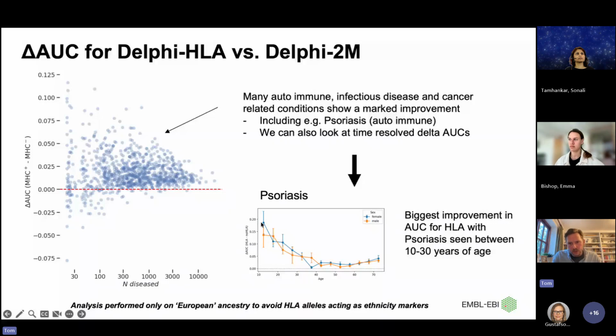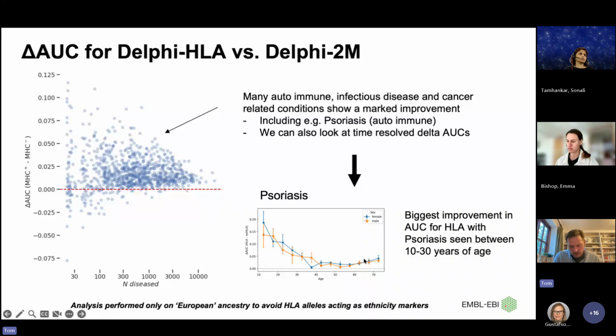And here I'm showing you a time-resolved AUC plot for males and females separately. What's quite nice in this case is that we have a much better ability to predict psoriasis early in life, having added the HLA information, and then that gets more marginal later in life.